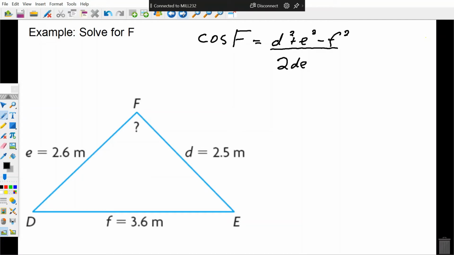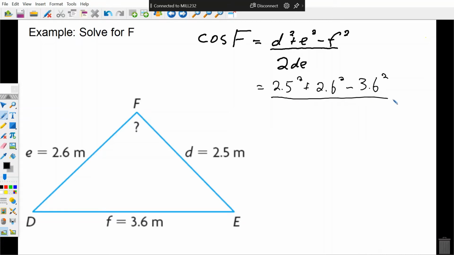Here we go. So we have side lengths E, D, and F. So we're going to plug in those numbers. This is D squared plus E squared minus F squared. So 2.5 squared plus 2.6 squared minus 3.6 squared.